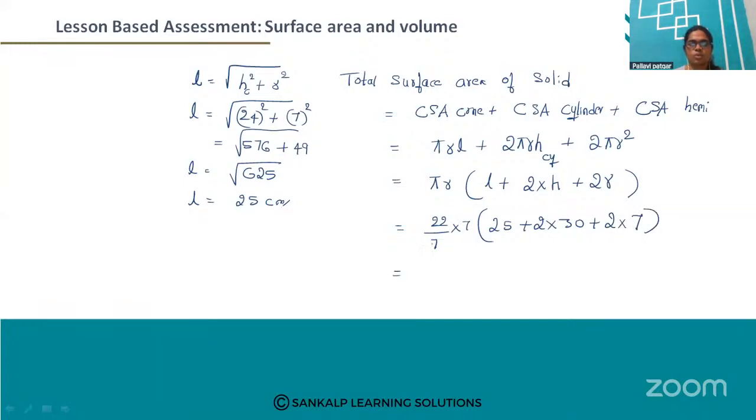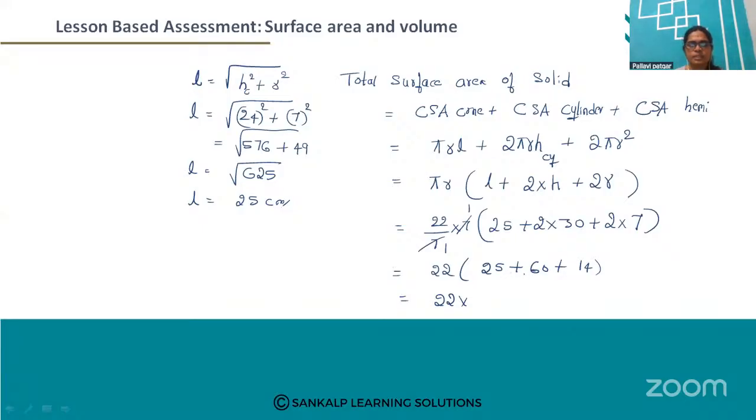So 7 ones are 7, and we get 22 into 25 plus 60 plus 14.